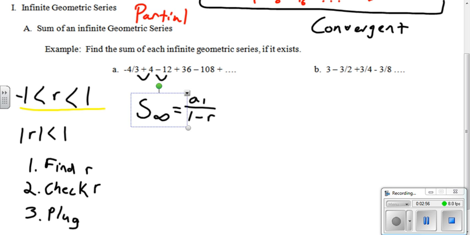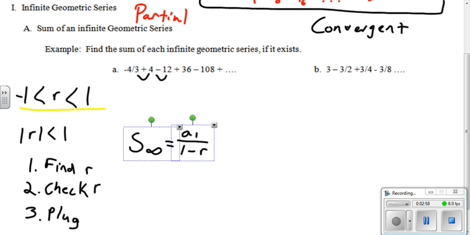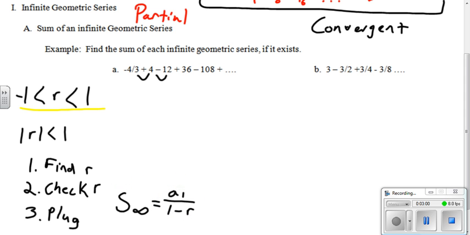Let's move these down here. Let's check this first one and see what our R value is. Remember, to find R, we take one term and divide it by the term before it. So we would take 4 divided by -4/3. Now whenever you divide by a fraction, that's the same as, I'm going to change 4 to 4 over 1, multiplying by the reciprocal.